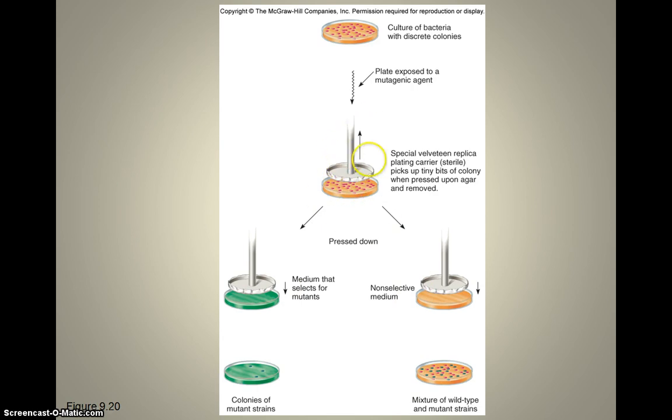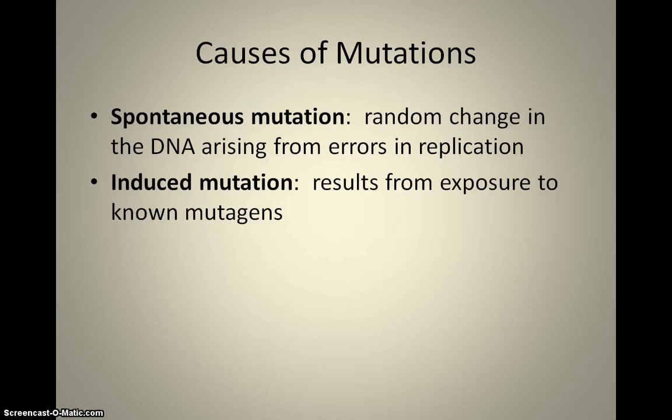We can expose it to some sort of mutagen, something that's going to mutate or change the DNA, and then we can select for the mutant strains by growing them on a plate that will only allow the mutants to grow. Whereas over here, you would have a non-selective media, which would have a mixture of wild type and mutant strains. So that's just another example of using selective media to separate out different kinds of organisms.